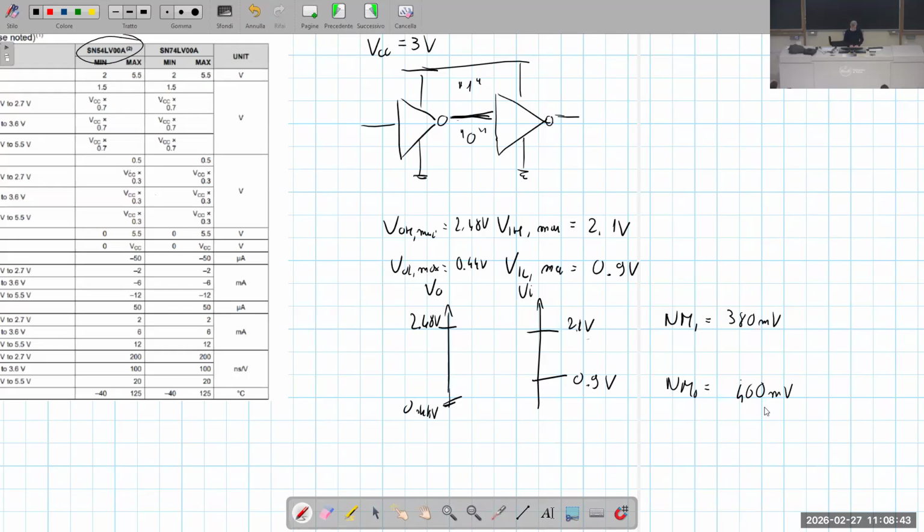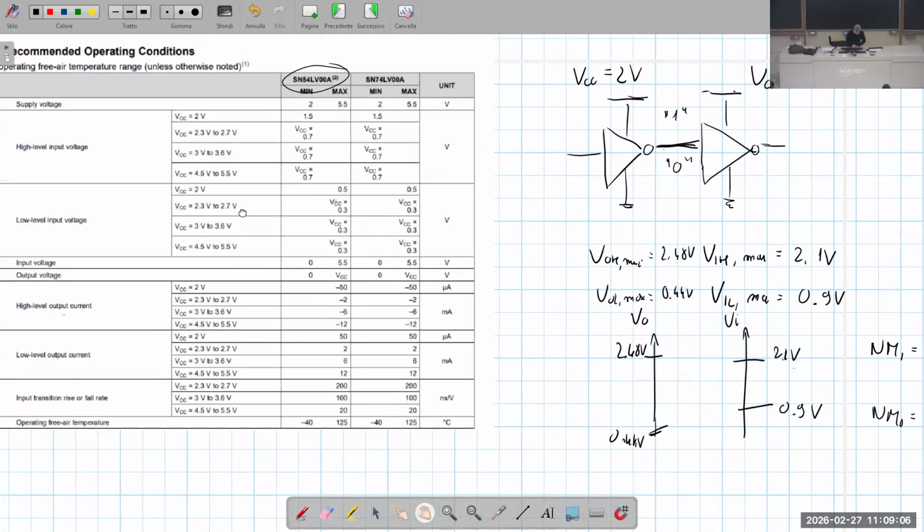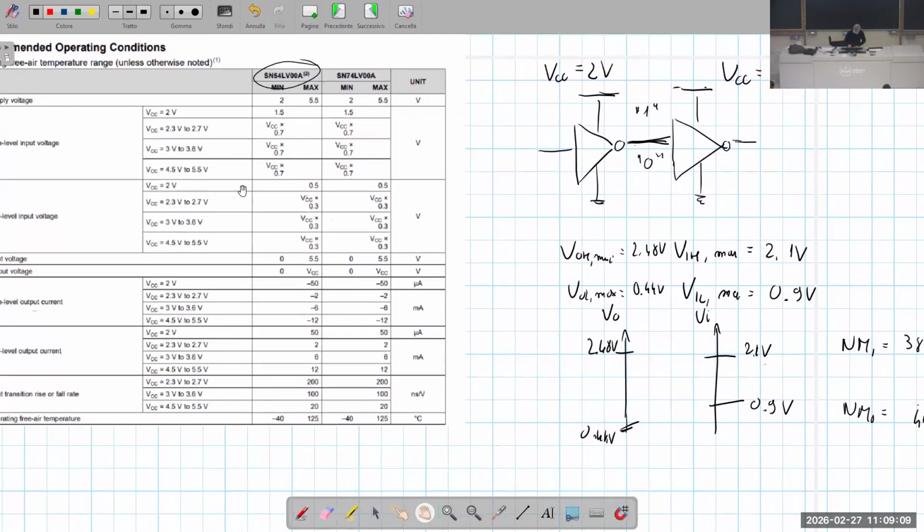Is that clear? Now let's consider another example. Let's consider that the first gate is operated at a supply voltage of 2 volts, and the second gate, of the same family, is operated at the largest supply voltage considered here, let's suppose 5 volt.